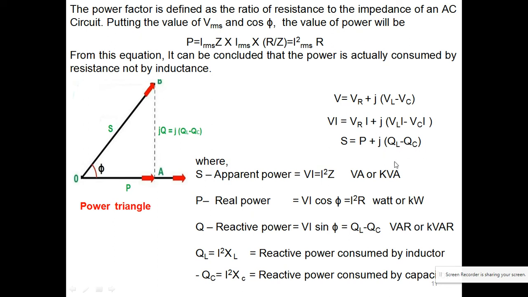So in this case, we have two terms here. QL is nothing but I square XL, the reactive power consumed by the inductor, and this minus I square XC is the reactive power consumed by the capacitor. That is the meaning here.